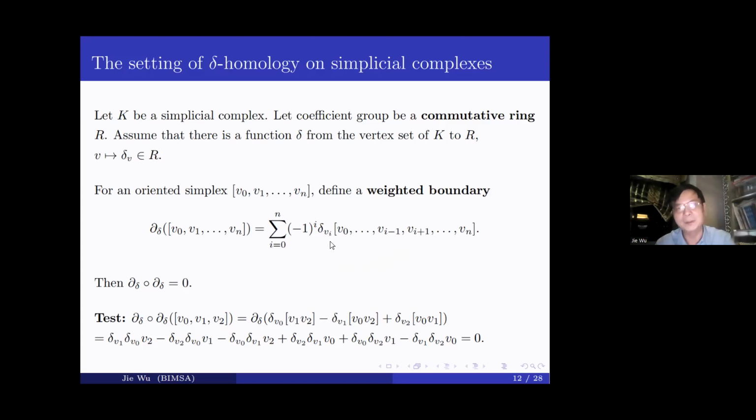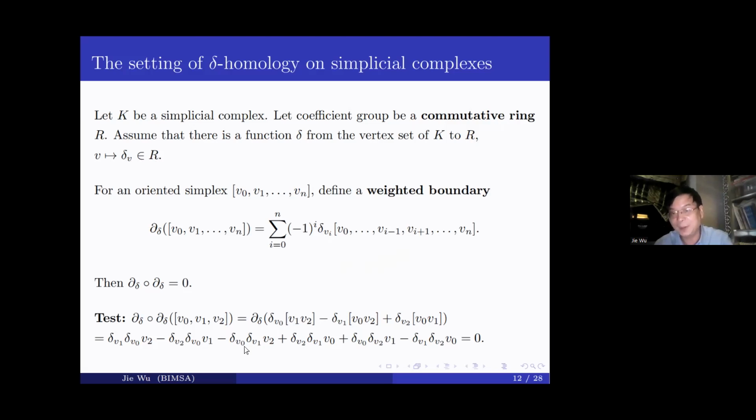For any commutative ring as a coefficient ring, you assign some number to each vertex and put in a weighted sum, and it turns out this works as a new boundary operator.